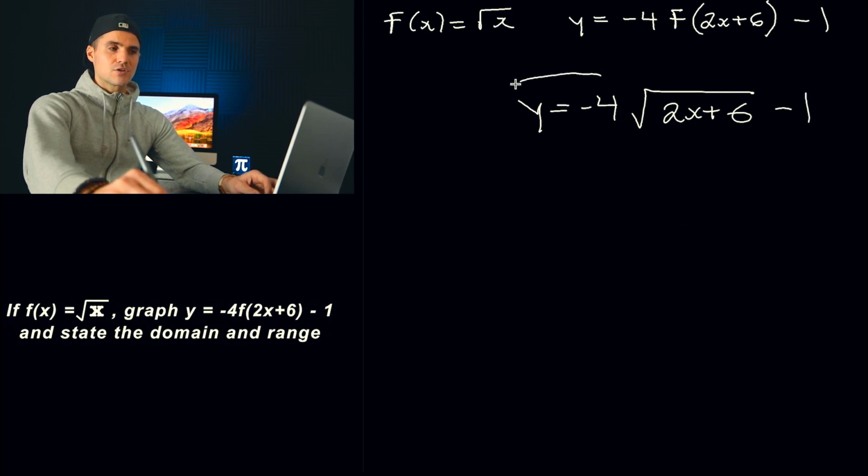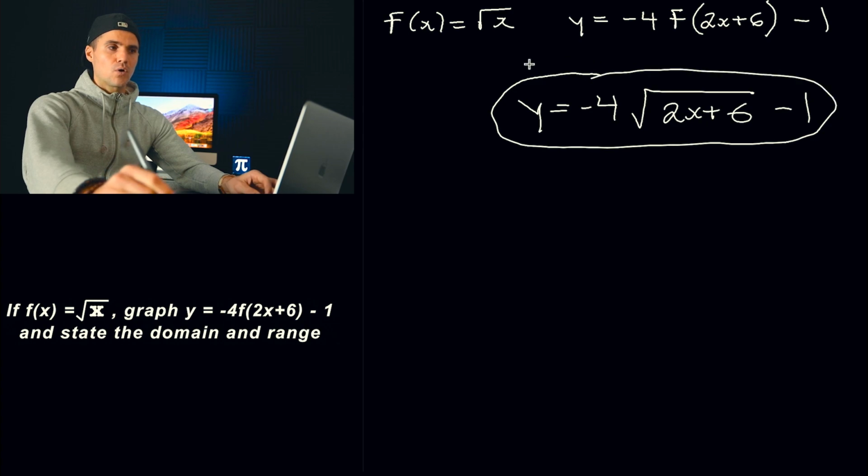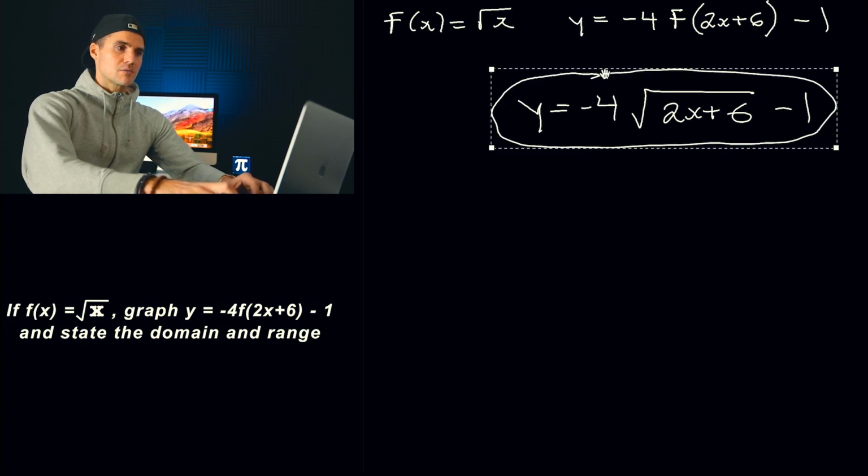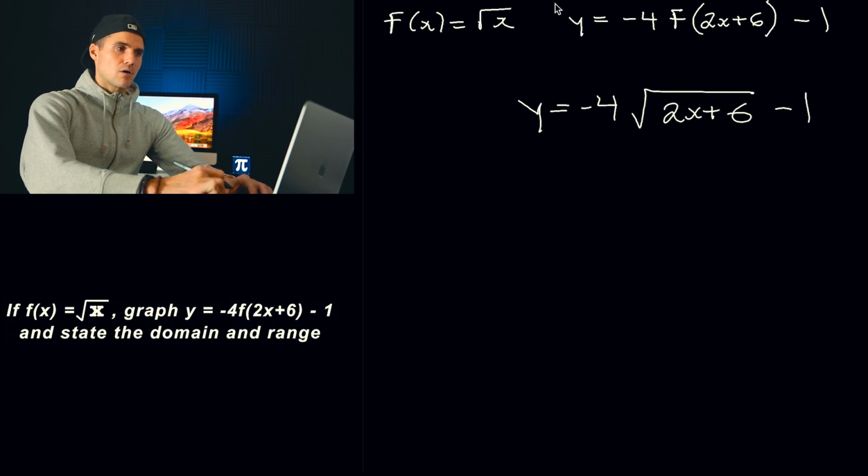So they could have asked you to graph this, or they could show the question in this format. Both mean basically the same thing. I'm going to keep this format right here because I prefer it, so all of this I am going to erase.